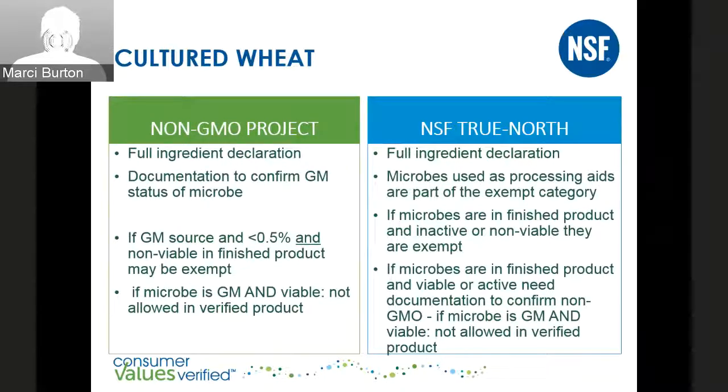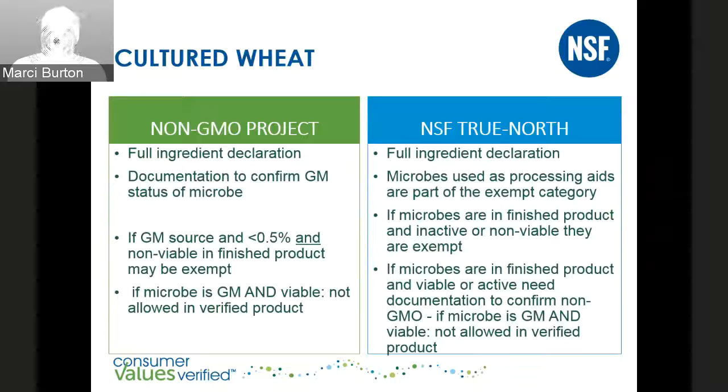Now, cultured wheat, we know that's sometimes common in baked goods. So again, we'll get the full ingredient declaration for Non-GMO Project verification. We want to confirm the GM status of the microbe used. And if the source is GM and it's less than 0.5%, it's not viable in the finished product, that can be exempt. If the microbe is GM and viable, then it's not allowed in the verified product. If that microbe was from a non-GM source, it's going to be considered low risk, wheat's low risk, and then we would just get the supplier documentation for the facility.